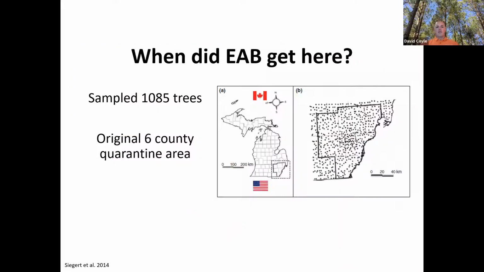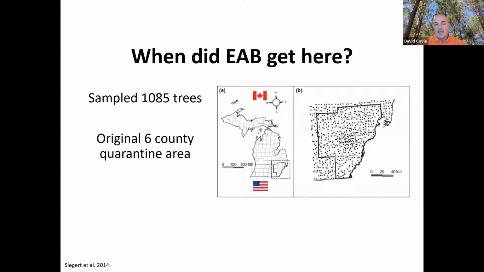So EAB is a really, really cool case study when we think about that invasion curve, right? There's always a lag time between when the non-native got here and when people found it. And this is a really good example. We know it came around Detroit, Michigan, and I think 2002 is when they first detected it.